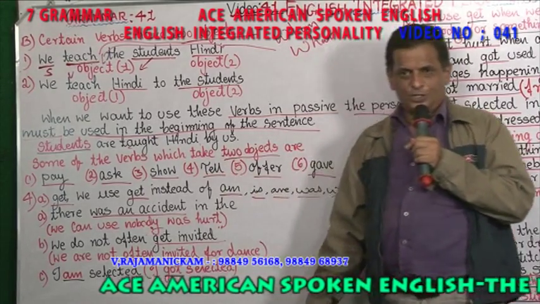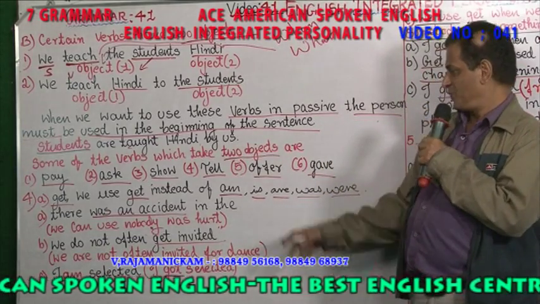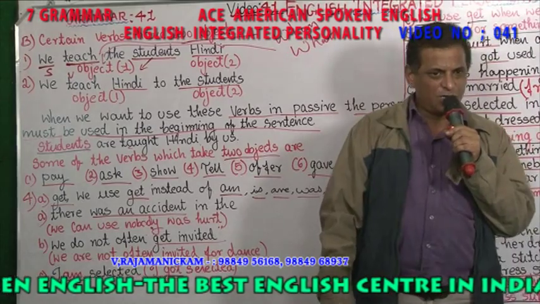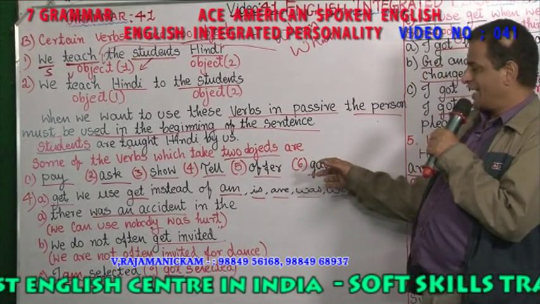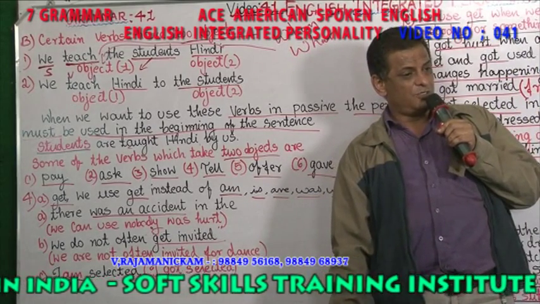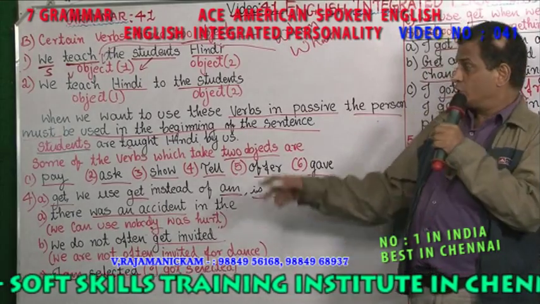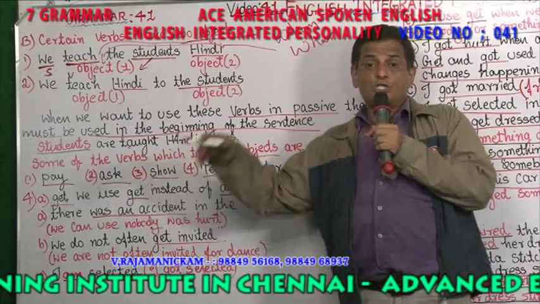Tell: he told a story to his children. Offer: he offered cakes to the poor people. Gave: he gave gifts to students or friends, right? So, these are the verbs which take two objects.